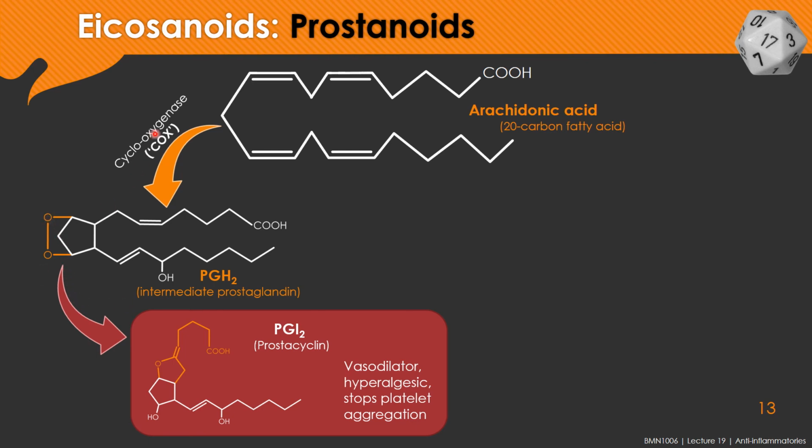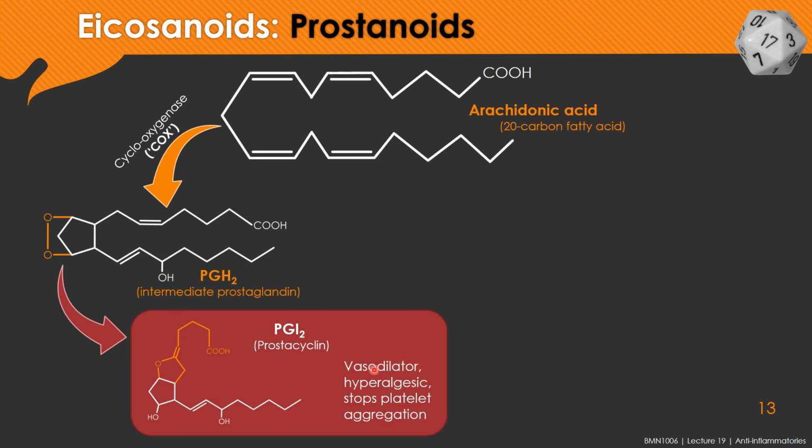So here comes the name oxygenase because it added two extra oxygen atoms. Then we need a second enzyme, which is a peroxidase, to convert the intermediate prostaglandin PGH2 into the final product, prostacyclin or PGI2. So prostacyclin is an inflammatory mediator that dilates your blood vessels.